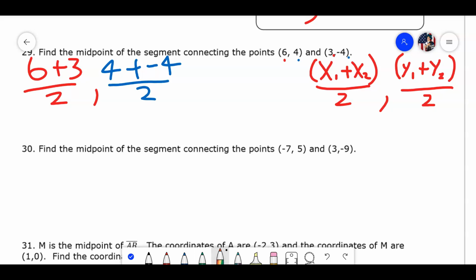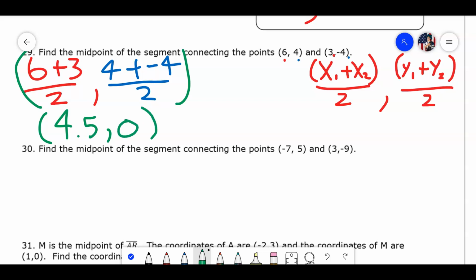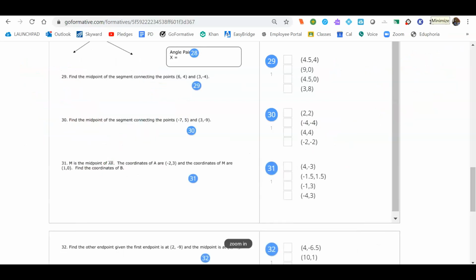And then my final answer: 6 plus 3 is 9, 9 divided by 2 is 4.5. 4 plus negative 4 is 0, 0 divided by 2 is 0. And you can use a calculator to double check those, or to get your final answer. So 4.5 comma 0 is number 29. There it is.